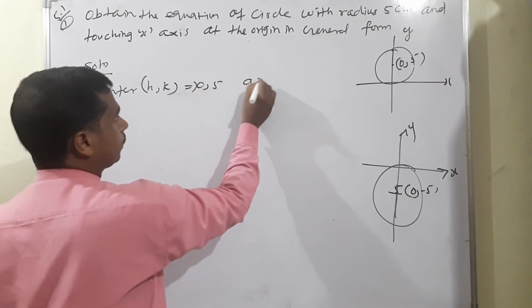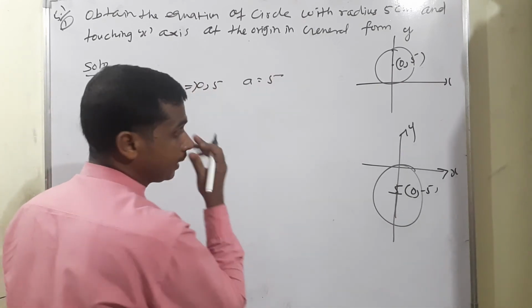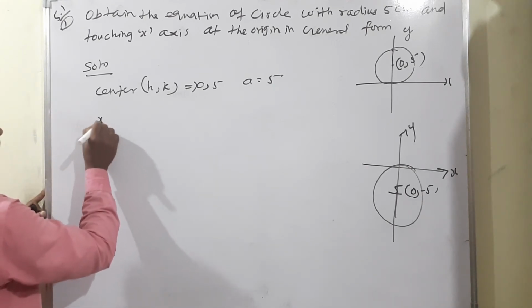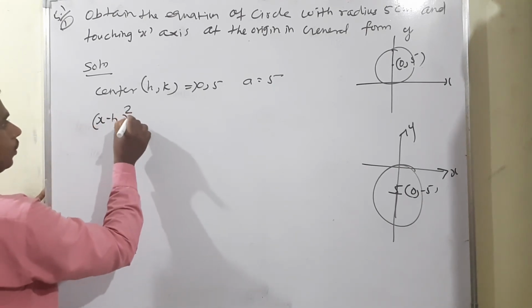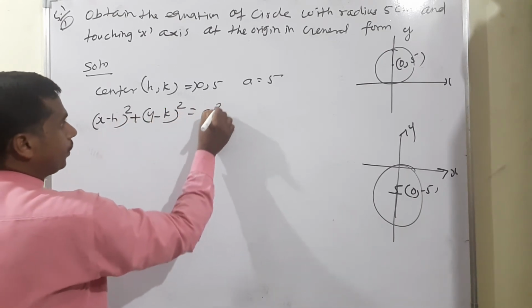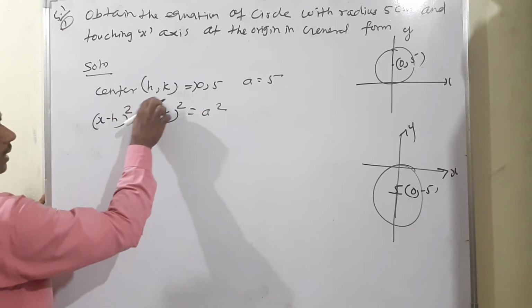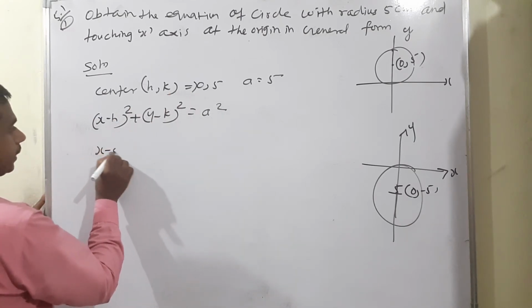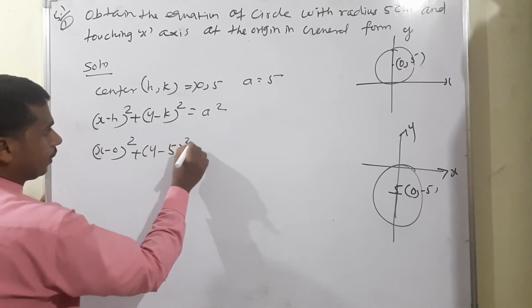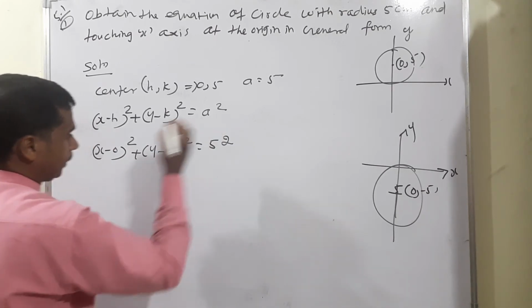So a is equal to 5, because the radius is given as 5 cm. Now the formula: (x minus h) the whole square plus (y minus k) the whole square is equal to a square. So the h value will be 0, isn't it? Therefore (x minus 0) the whole square plus (y minus 5) the whole square is equal to 5 square.